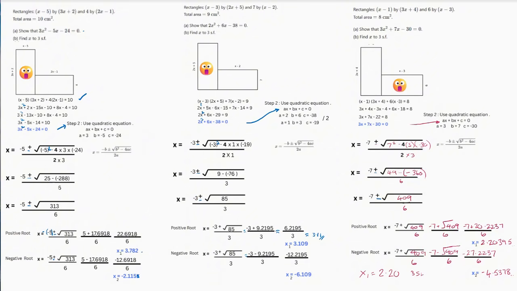So this would be a 5-mark question, I believe, maybe 6 at a push. I'm going to be honest with you. It looks really scary, but it's not. Because if you think about it logically, you know how to do a compound shape and you know how to do a formula, the quadratic formula. Putting them together, it's magic.